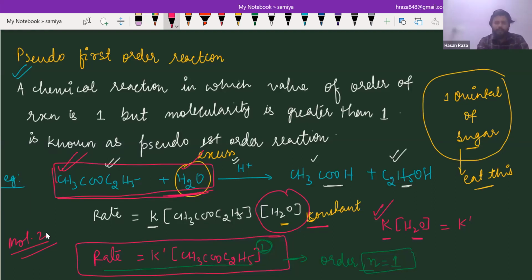So basically the order of reaction is 1, but molecularity is greater than 1. This type of reaction is known as pseudo first order reaction. Please do write it and let me know when you are done.